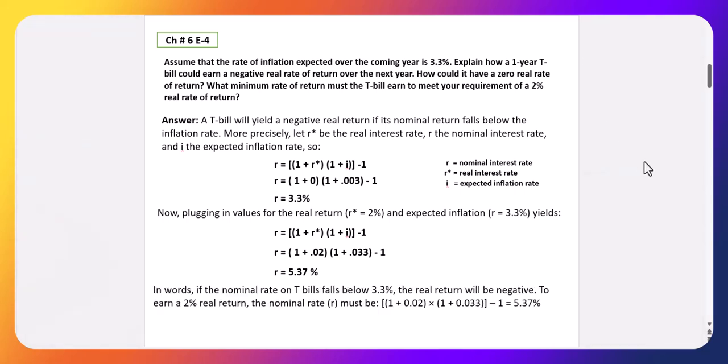We conclude that if the nominal rate on a T-bill falls below 3.3%, the real return will be negative. To earn a 2% real return, the nominal rate R must be 5.37%.